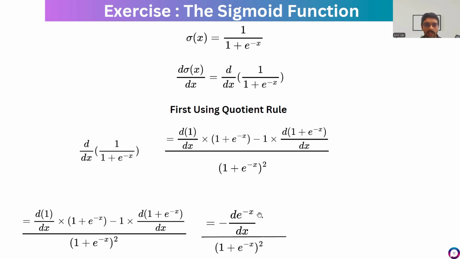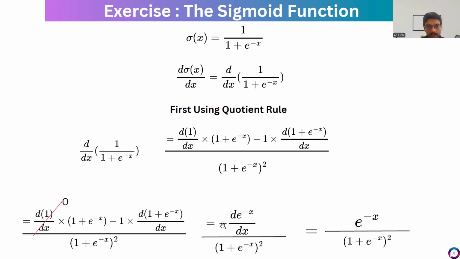Now, we know d by dx of e to the power of x is e to the power of x. Now d by dx of e to the power of minus x, I'm going to give you that value because a good way to derive that is with chain rule. But chain rule is the next session or the next lecture. So d by dx of e to the power of minus x is minus e to the power of minus x.